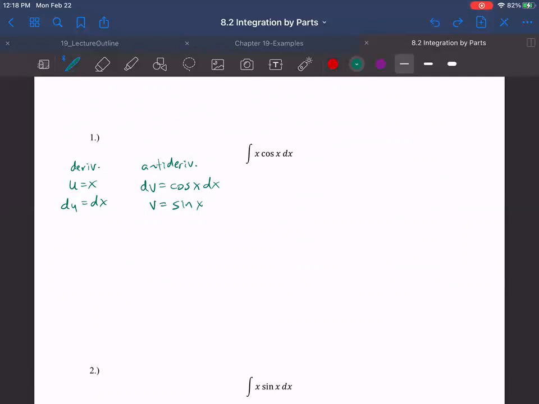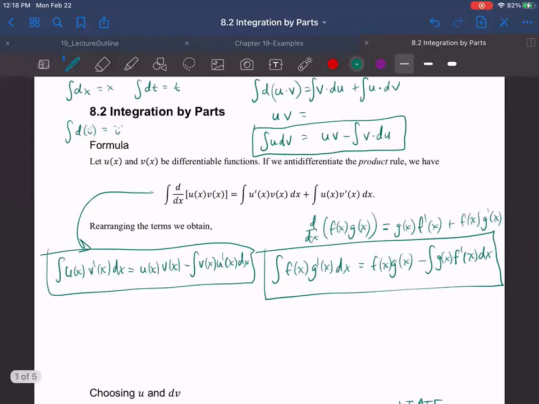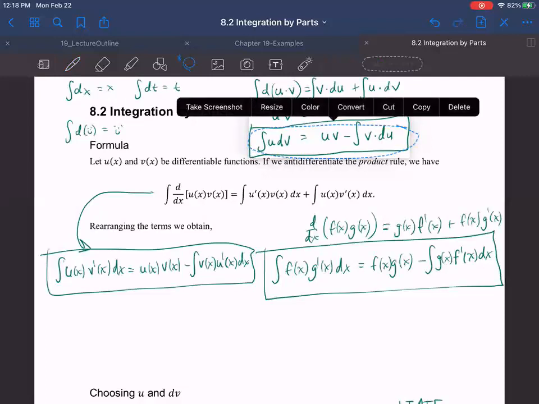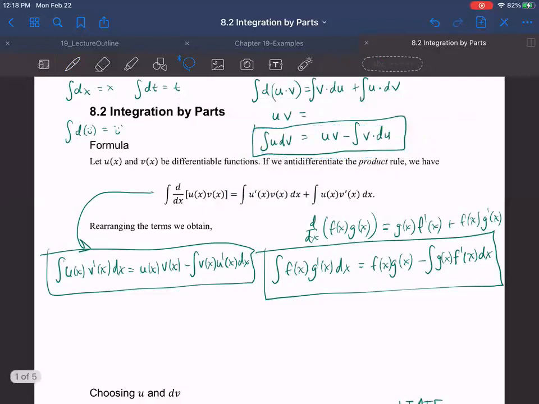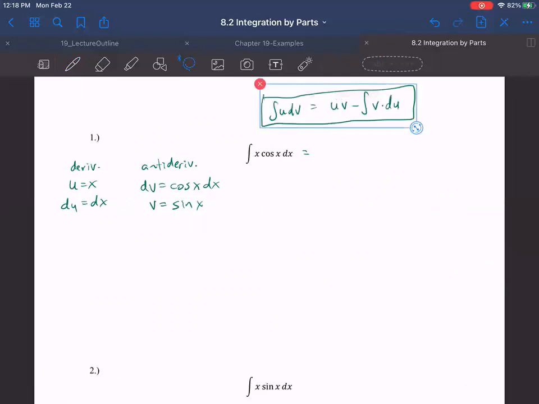So if we write this out, I like this version of the formula, so I'm going to copy this over. We're going to write this out. We get u times v, so that's x times sine x, minus the integral of sine x times du, which is just dx.